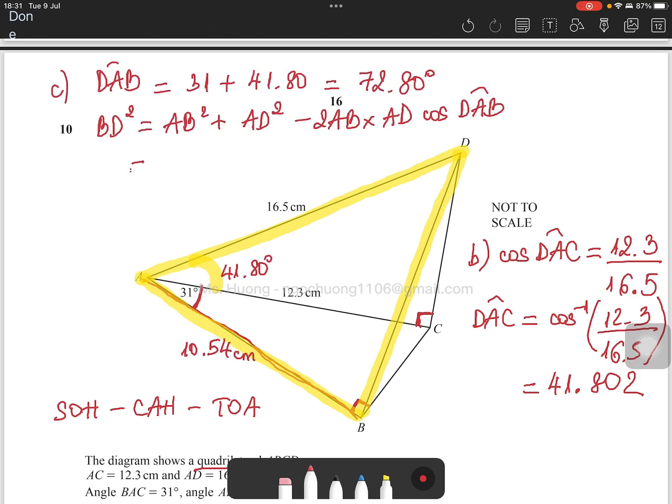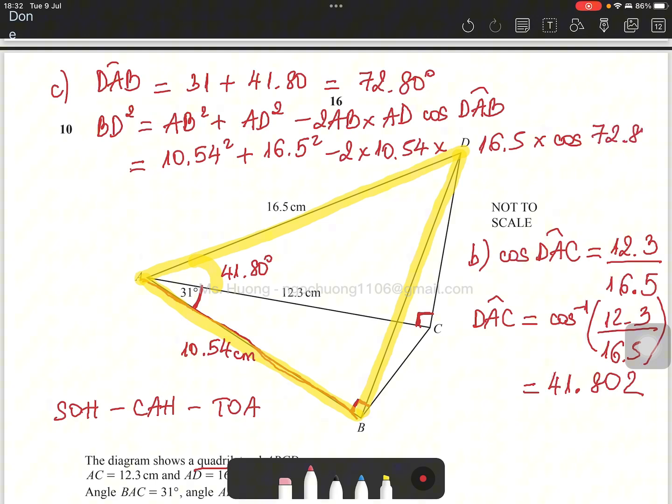So now we substitute the length of AB, which is 10.54. The length of AD is 16.5, minus 2 times AB times AD times cos of DAB. DAB is 72.80 degrees. And then BD is the square root of everything I wrote before. So the answer for this is 16.7 centimeters.